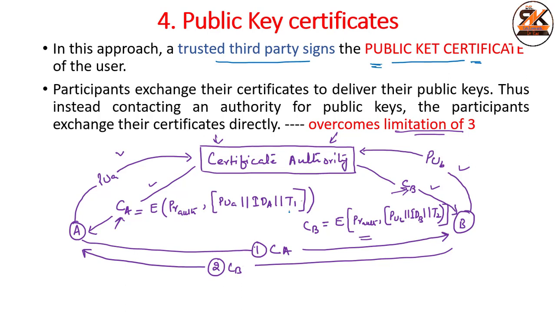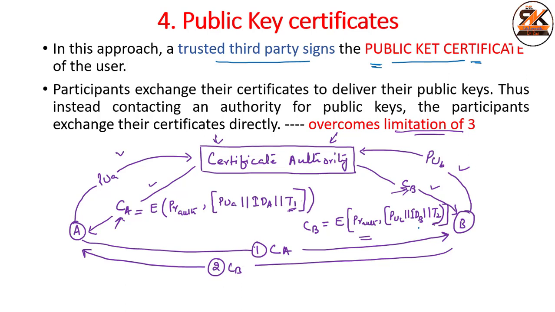That's why we are using timestamps here. Whether the certificate is valid or an older version, you can find out by checking these timestamps. The exchange of certificates involves only two messages that need to be exchanged between the two communicating parties.